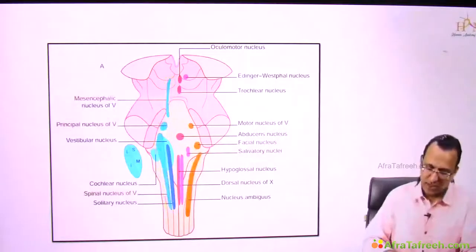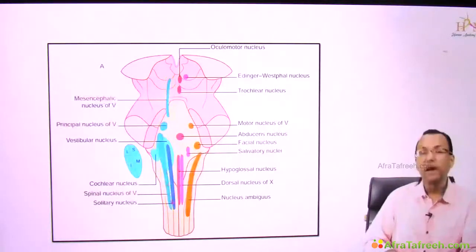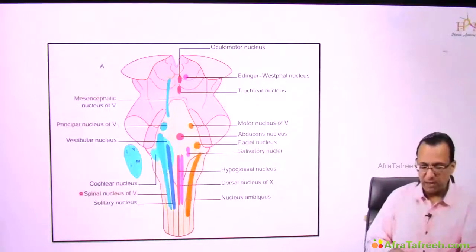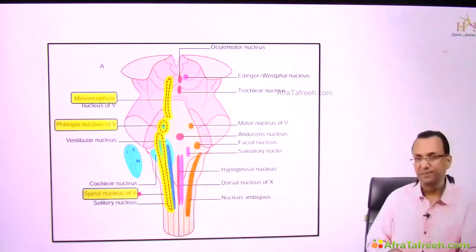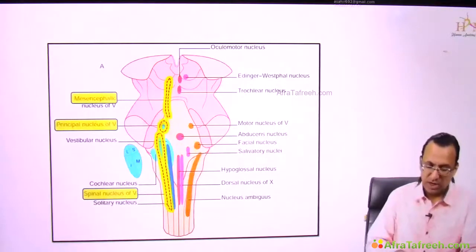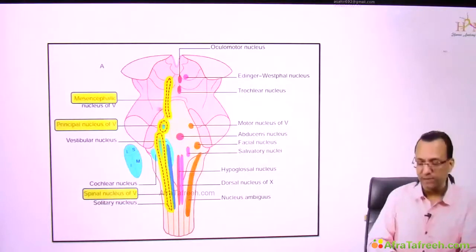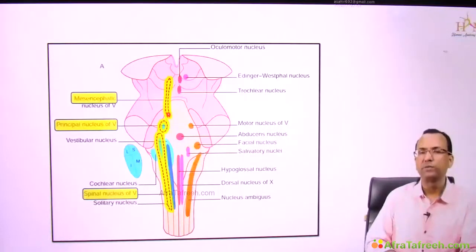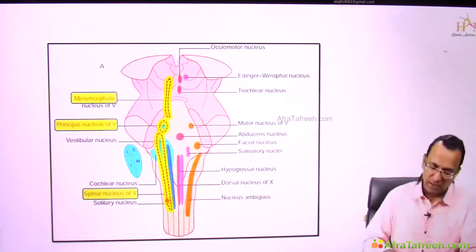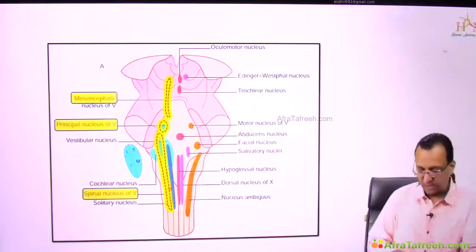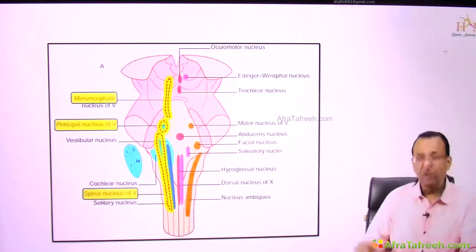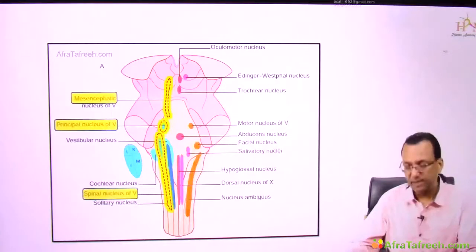And one of the nuclei is coming to the spinal cord, hence the name spinal sensory nucleus of trigeminal. So these are the 3 sensory nuclei of trigeminal. We'll draw a diagram for the same.